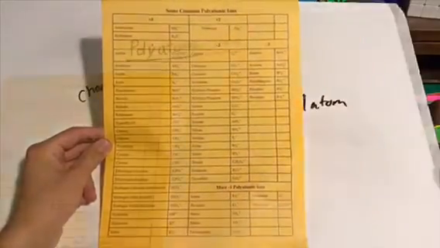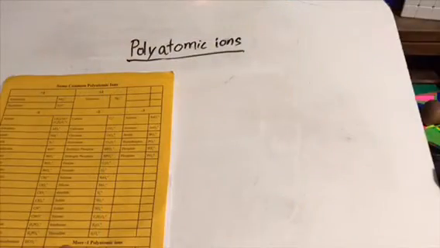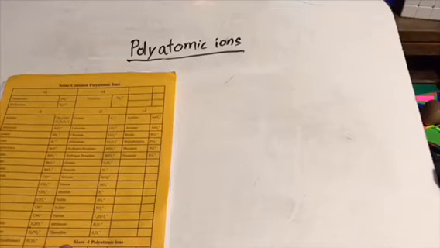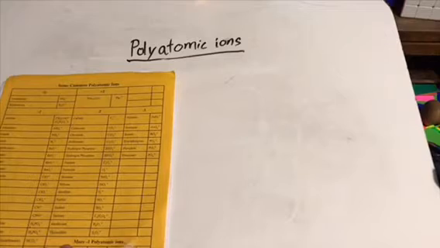You treat them like they are 1 atom. All the polyatomic ions we'll be talking about will come off this polyatomic ion sheet. So how do you name these polyatomic ions, especially when they're bonded to different elements? Well, it's very simple.